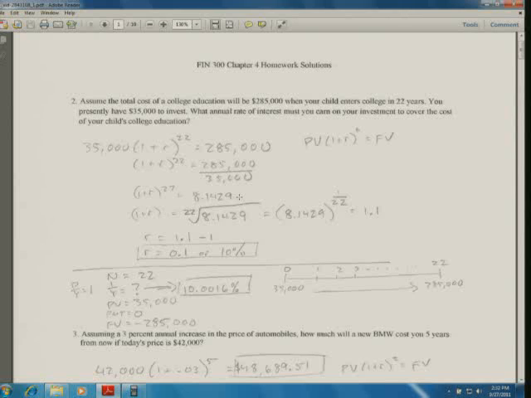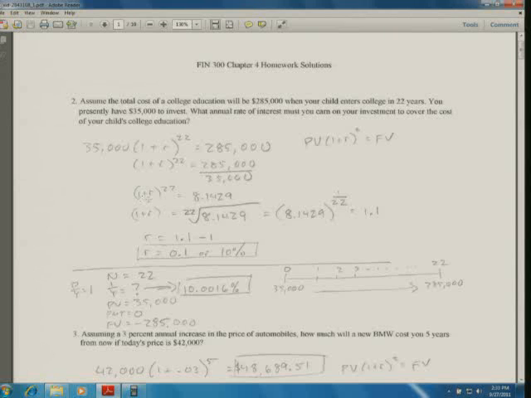But when you actually calculate this, you don't want to write down 8.14 or even 8.1429 and then go on from there. You want to store that value in your calculator. When we get down to calculating things like interest rates, small rounding errors will make a big difference in the end, and your answer may wind up being quite a bit off. And I'll show you what I mean when we plug this into the calculator.